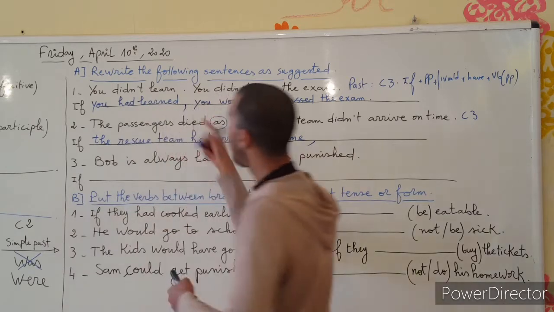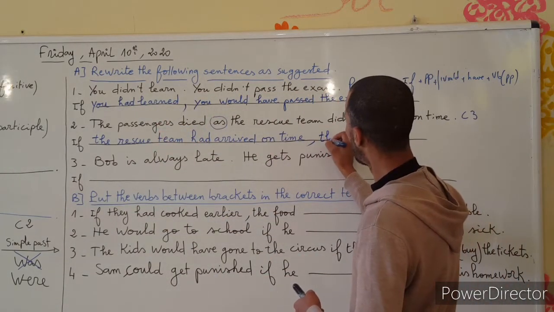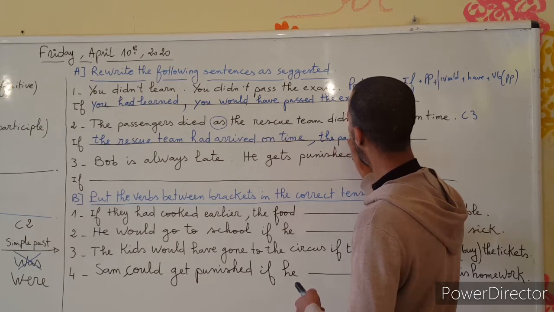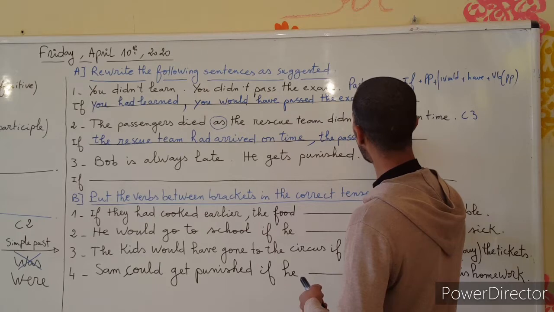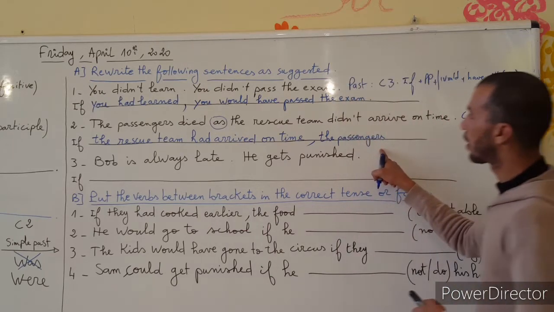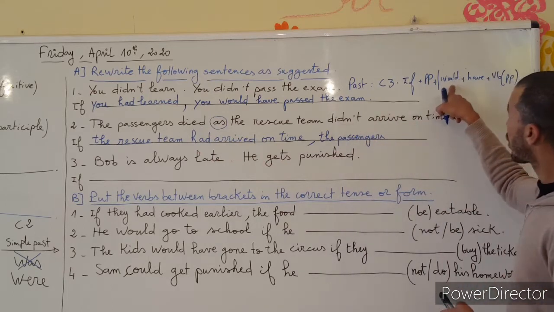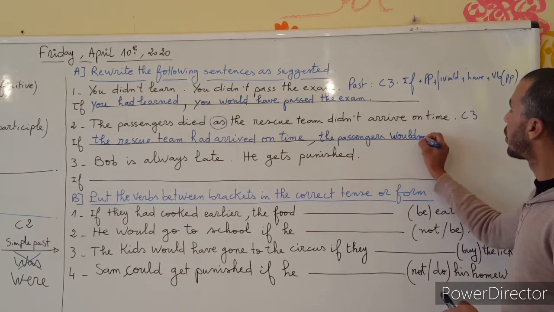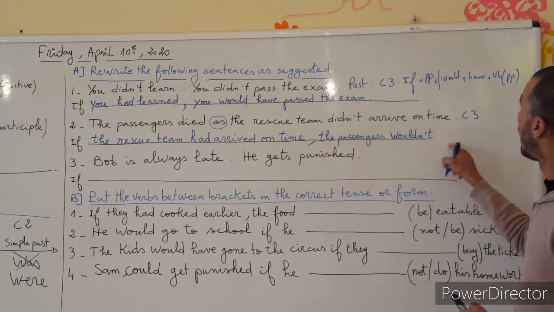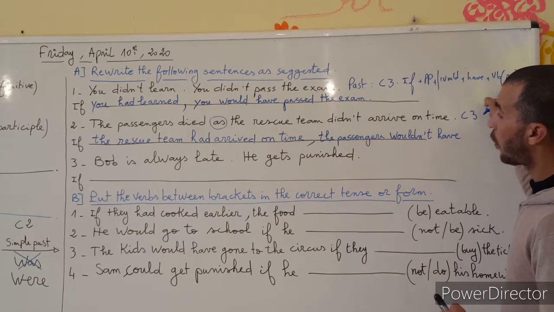Now we move. The subject first. We should always write it and then we think about what to do later. So the passengers, we have died in affirmative form. So the passengers would, in negative form, which is wouldn't plus have plus verb past participle.